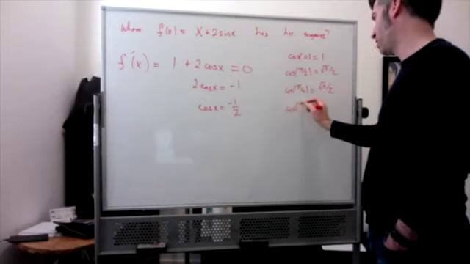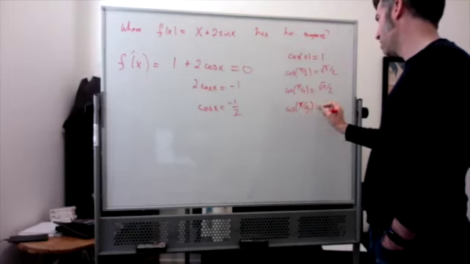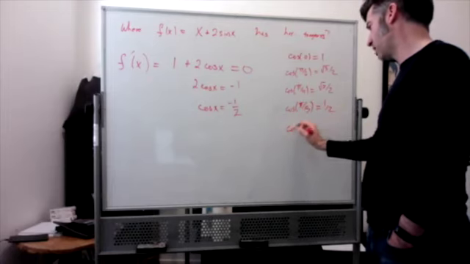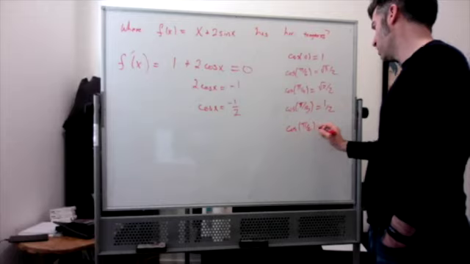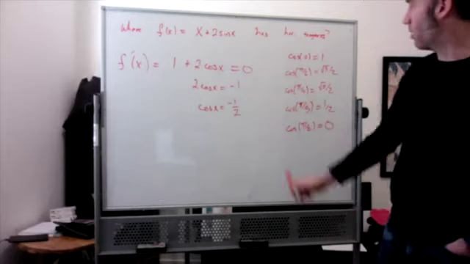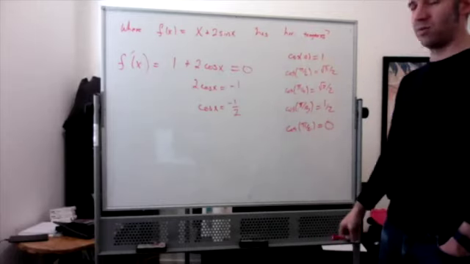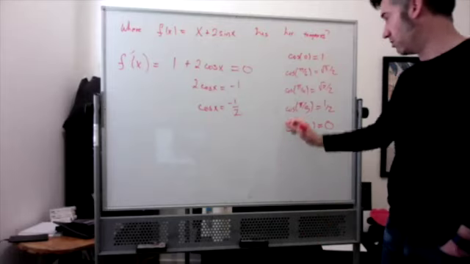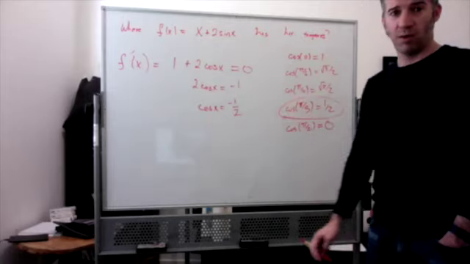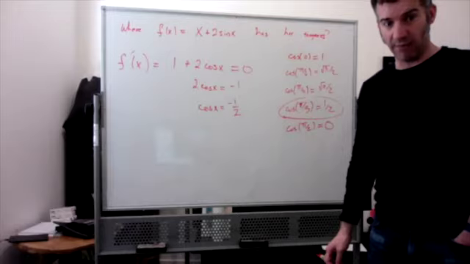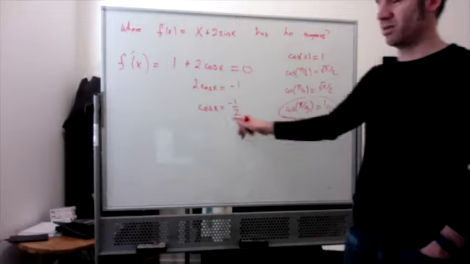Cosine of pi over 3 is 1/2. And cosine of pi over 2 is 0. So of these 5 angles, the one that seems like it pertains to this problem is where cosine of pi over 3 equals 1/2. The problem is we want cosine to equal -1/2.